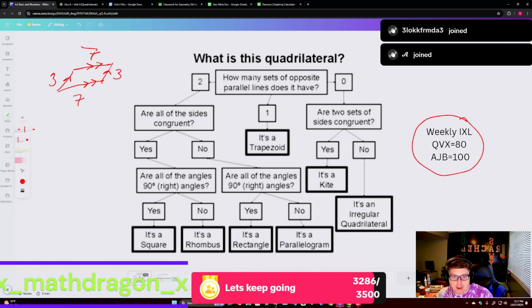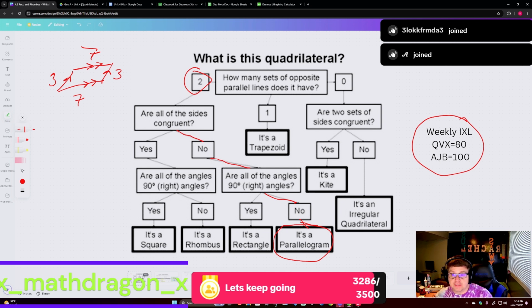So, do I have 2 sets of parallel sides? Yes, I did. Are all the sides congruent? Well, that directed me to a no. Then, are all angles 90 degrees? That directed me to a no as well. So then I found that I was dealing with parallelograms.